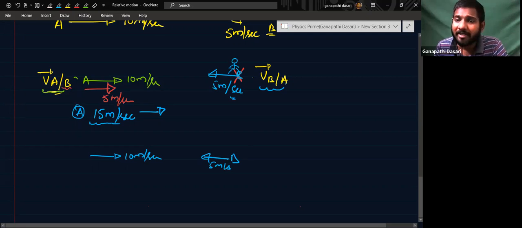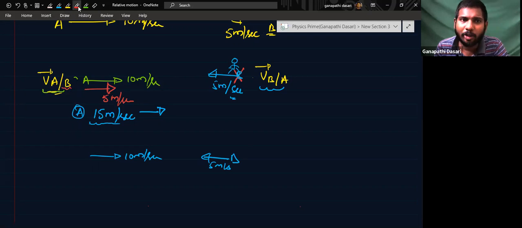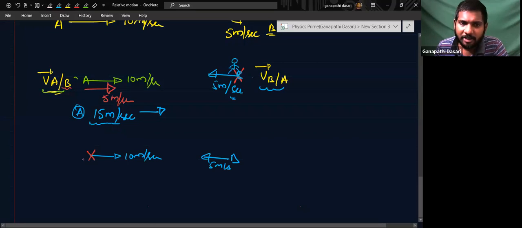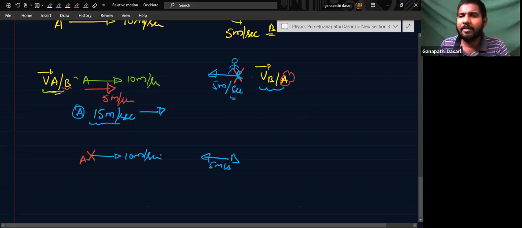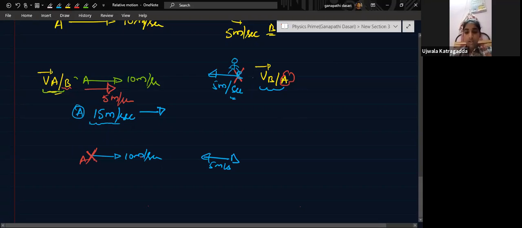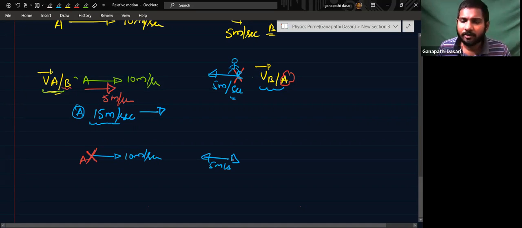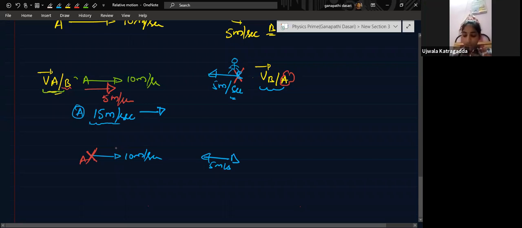So velocity of B with respect to A means I should stop A. With respect to A means from where you're observing, that actually stops. So A should be stopped, the direction should be reversed, and give it to B. Direction is reversed, towards left.